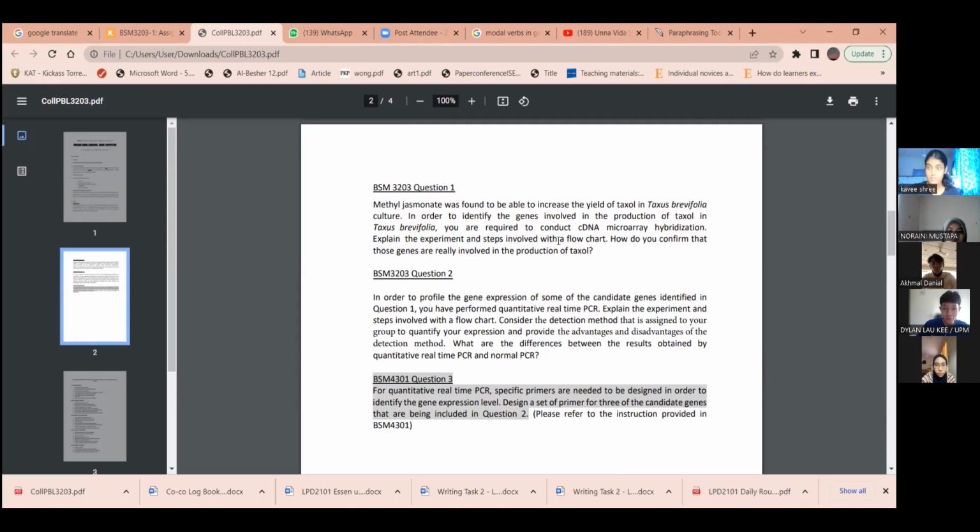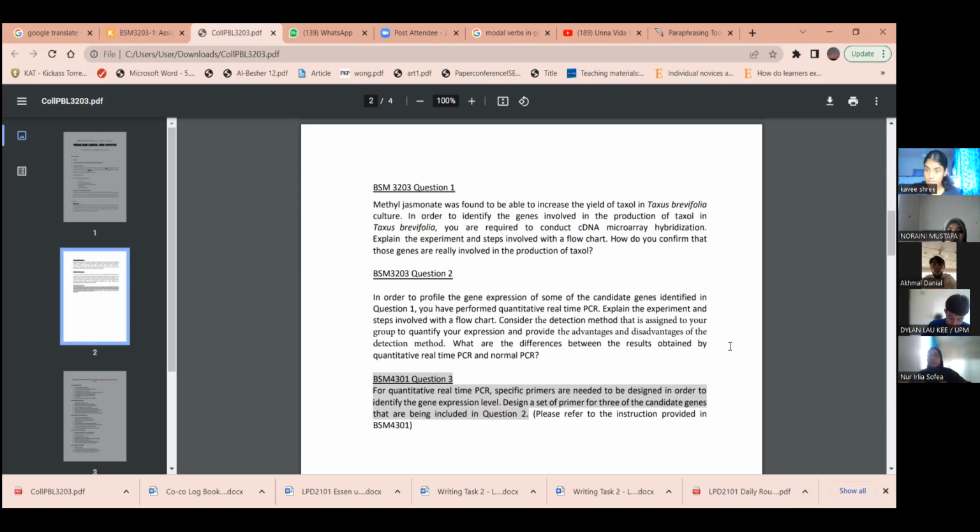And how do we confirm that those genes are really involved in the production of taxol? So anyone has any idea? So how do we confirm those genes? Okay, can I say something? We can confirm whether the gene is expressed or not by using microarray itself.